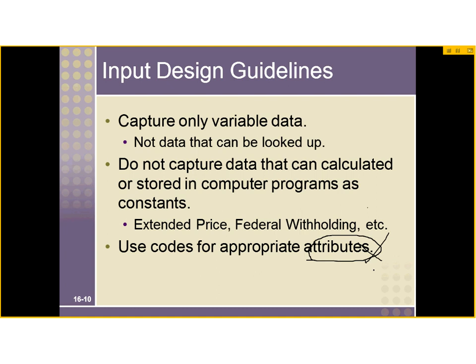So any data that can be calculated from other pieces of input, the user should not be required to enter that data. Another design guideline is that we can use codes for appropriate attributes. We should try to minimize the amount of handwriting, or we can use some codes for some attributes.